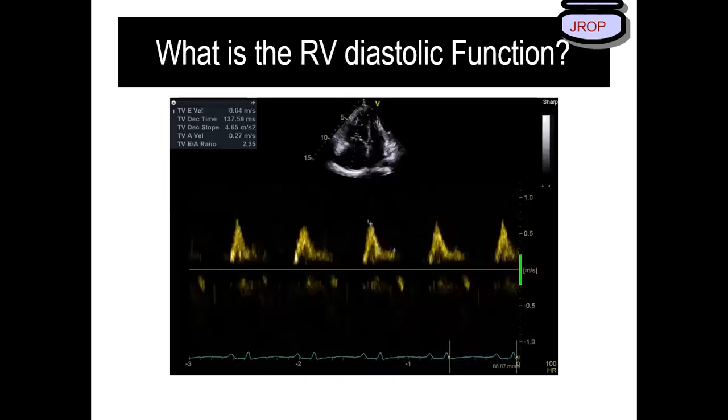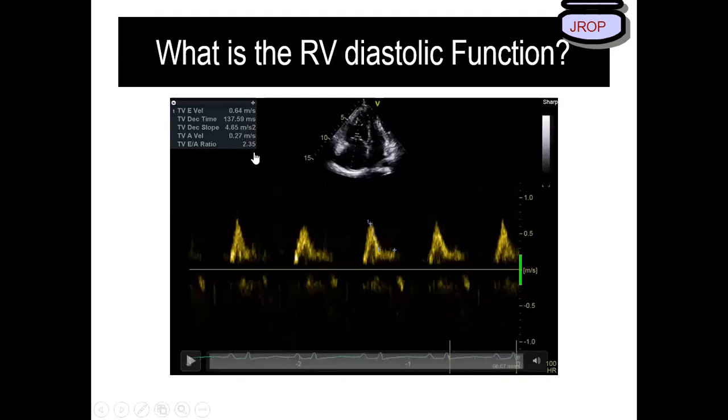Dr. Bhatkar. Yes, sir. Good evening. Tell me the diastolic function of this RV. Sir, in this the E wave is greater than the A wave. The EA ratio is 2.35. What does it suggest?